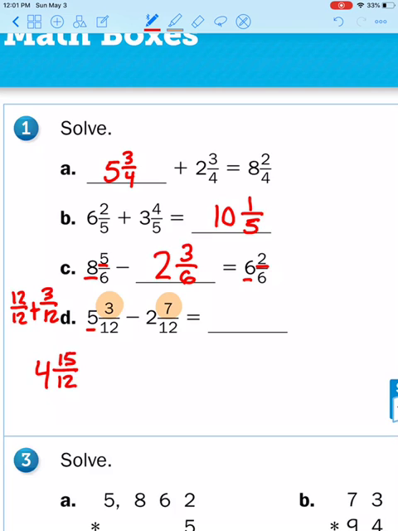So you don't have to turn the whole entire thing into a mixed number. You could just take out a whole so you can subtract. Minus 2 7 twelfths. So now the numerator here is bigger than the numerator here, so you can just subtract. 4 minus 2 is 2. And then 15 minus 7 is 8 twelfths.